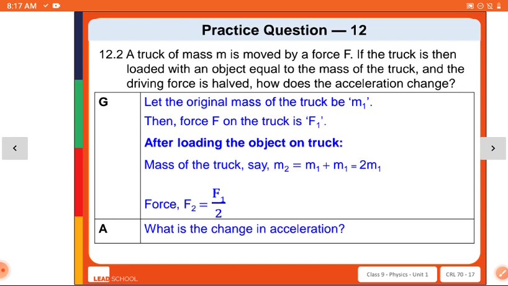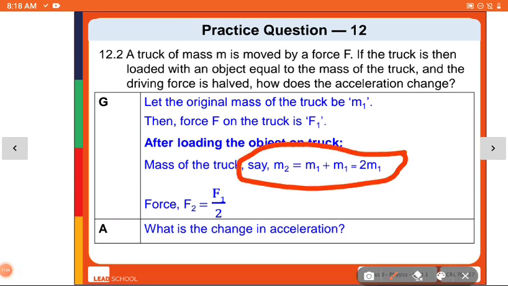The original mass is m1 and force F1. After loading the truck, the mass m2 is double, meaning 2m1, and the force is half, meaning F1 divided by 2.